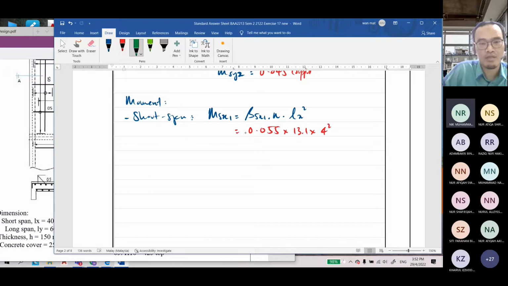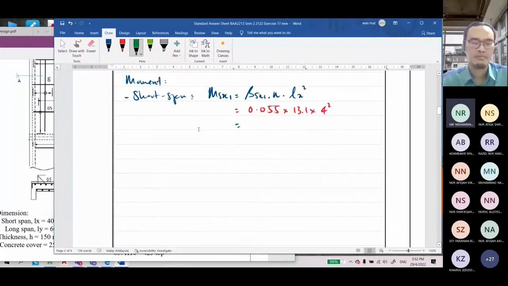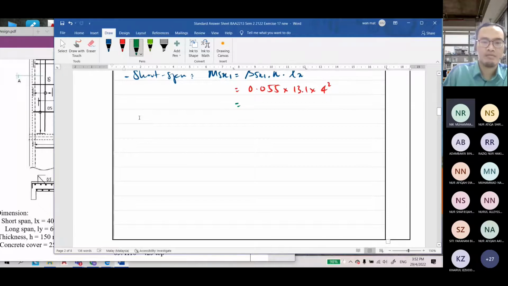So what is the answer? Any answer, please? 11.53. Okay, good. 11.5 kilonewton meter.